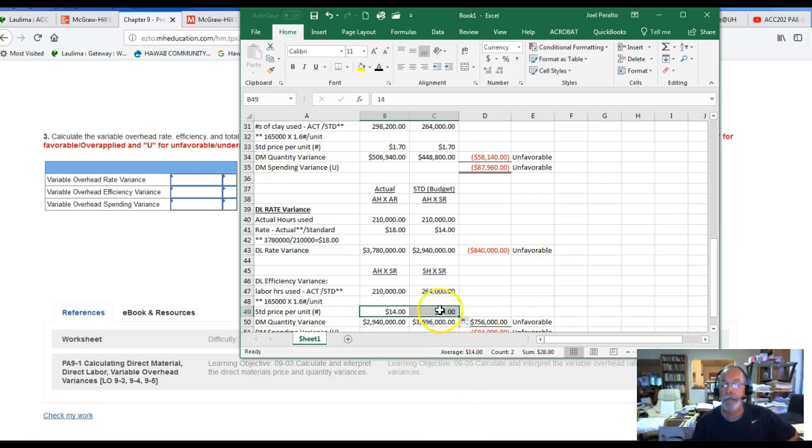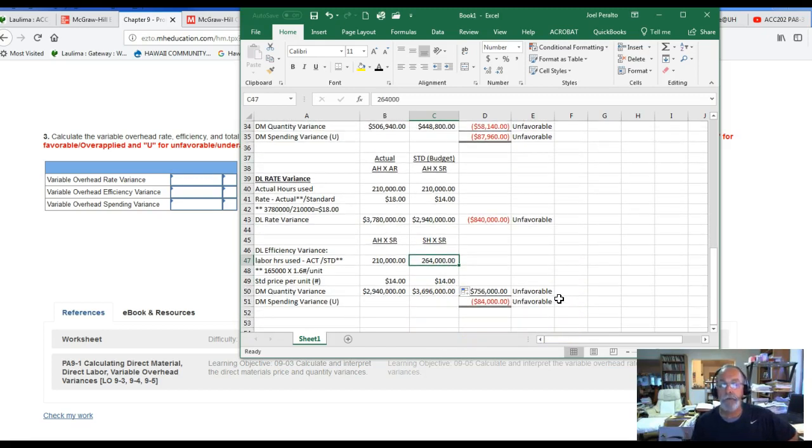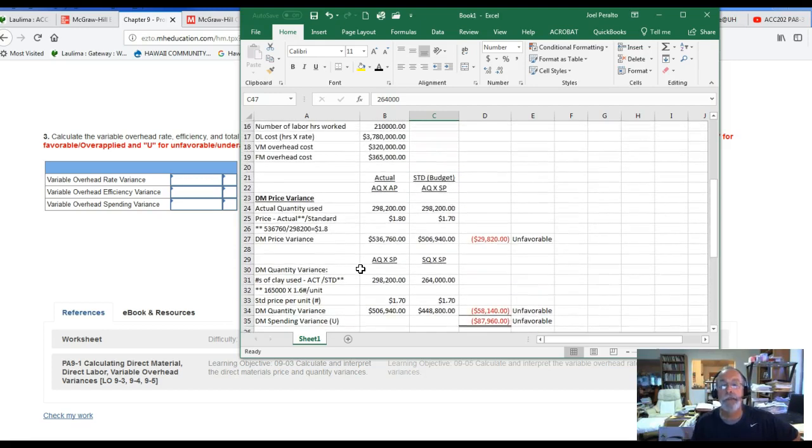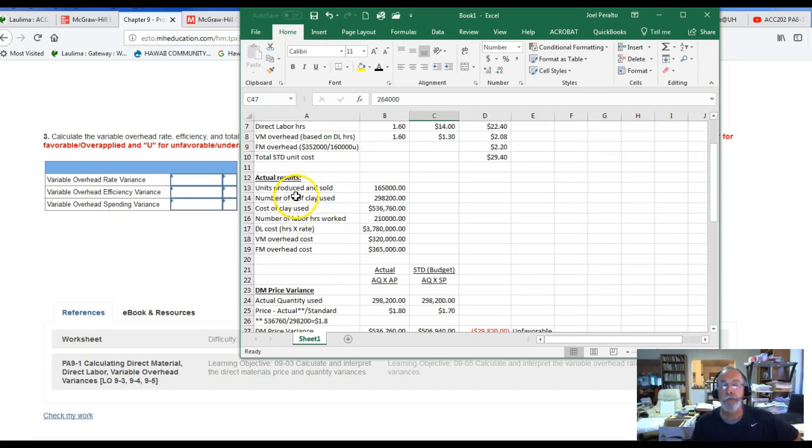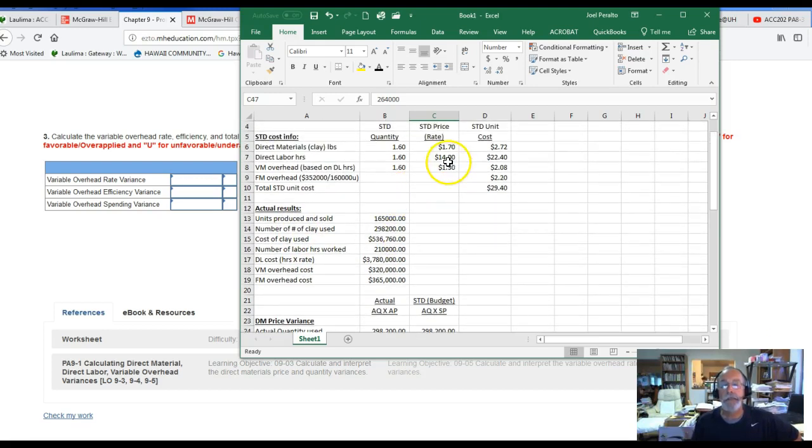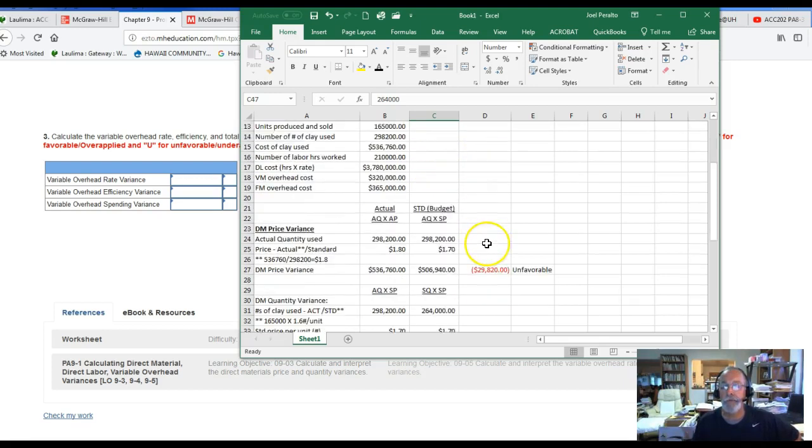Okay. So what we need to do is figure out what our standard hours would have been based on quantity produced. Units produced 165,000, standard hours per unit, 1.6.